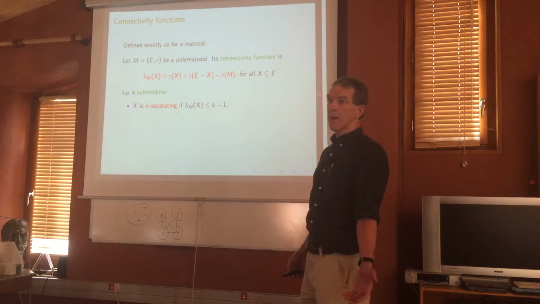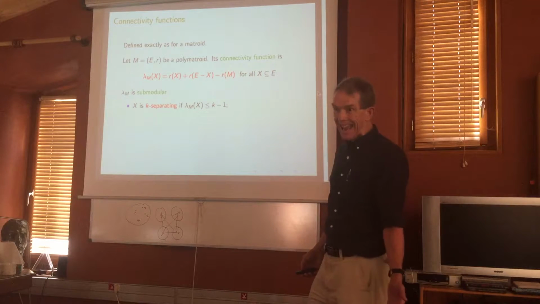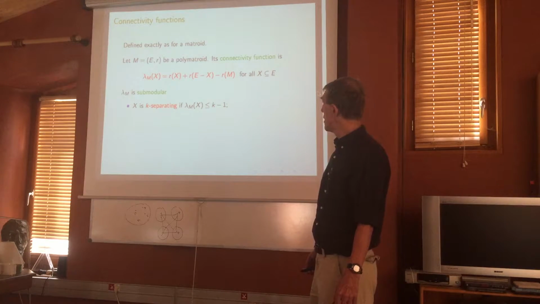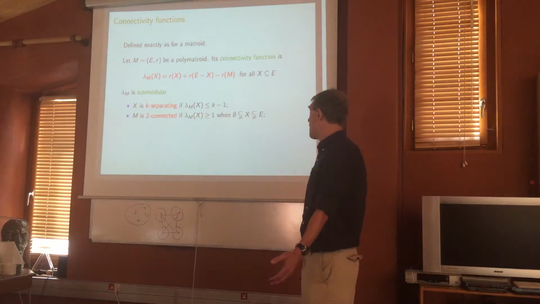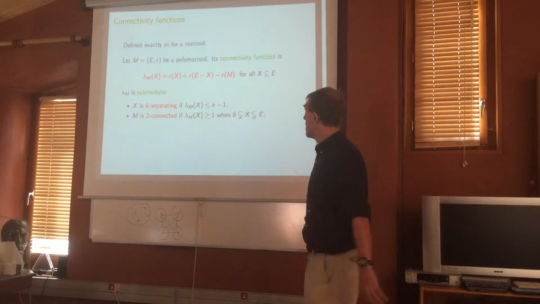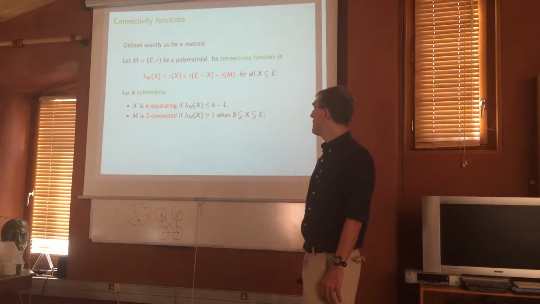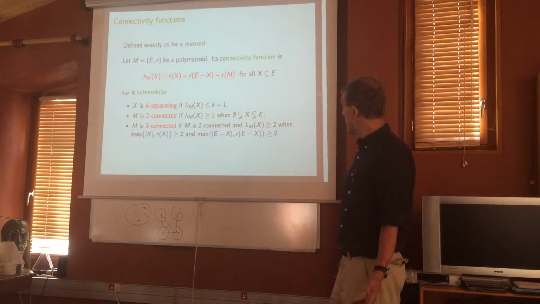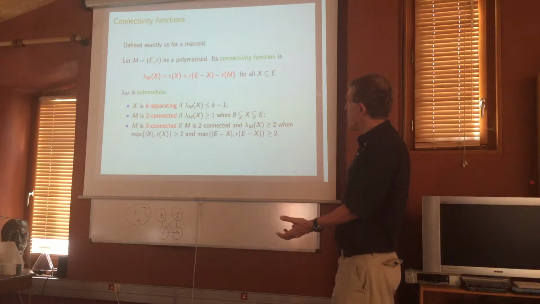Now we define what it means to be k-separating, exactly as for matroids: if the connectivity function is less than or equal to k-1. It's two-connected if you do not have any one-separating sets. And it's three-connected if it's two-connected and you don't have any two-separating sets.